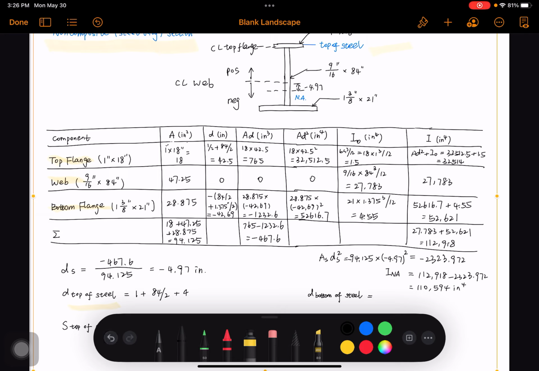Plus the 4.97 inch, because from top of the steel to this NA, we should add this additional 4.97, and this gives 47.97 inch.